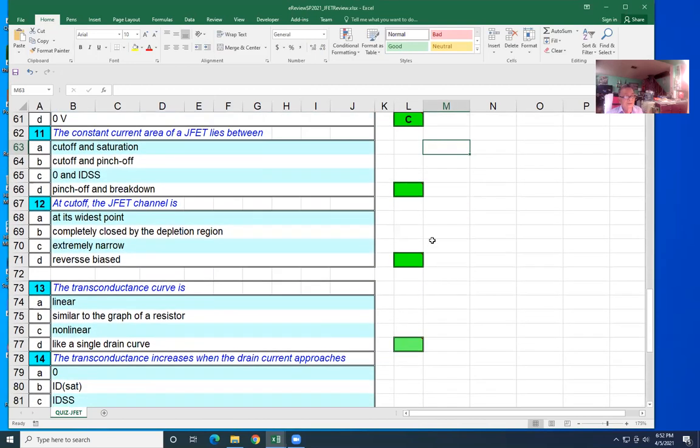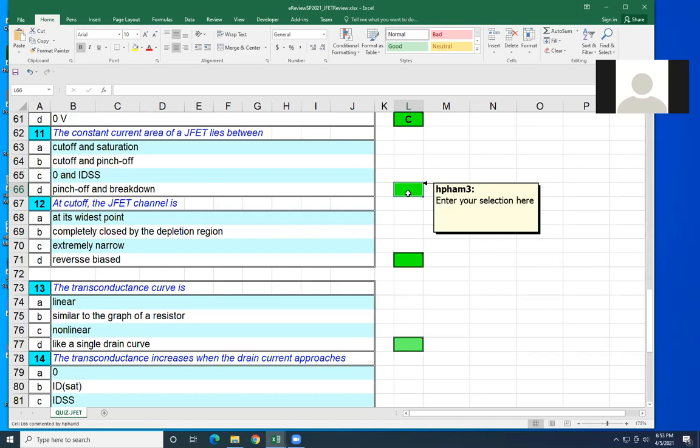Okay, number 11. The constant current area of a JFET lies between pinch off and breakdown. D, right? D.